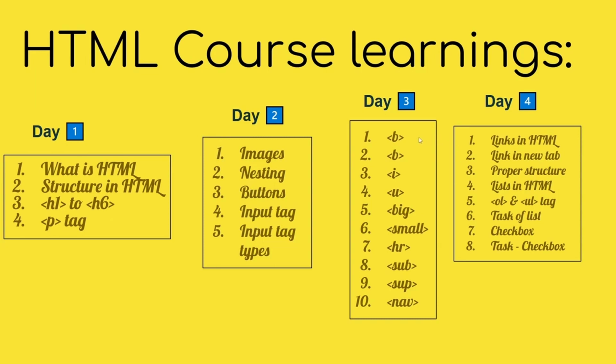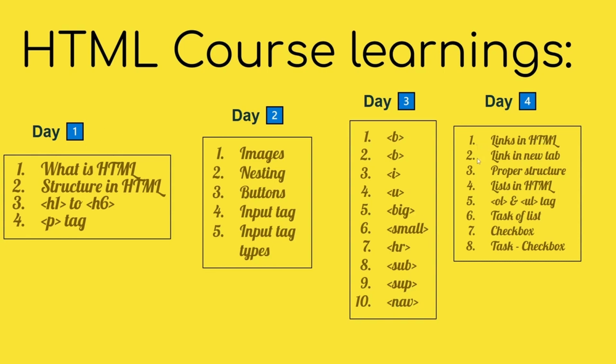In day 3 we learned about the br tag, b tag, i tag, u tag, big, small, the hr tag which is the horizontal rule, subscript, superscript, and then the nav tag.